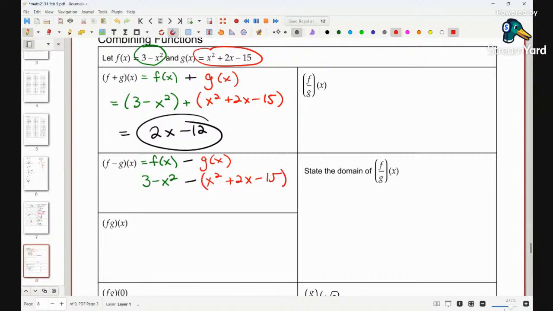Group 3 minus x squared. There's a 1 in front, so no problem in the beginning, but this is going to become minus x squared minus 2x and plus 15. This minus sign needs to be distributed.